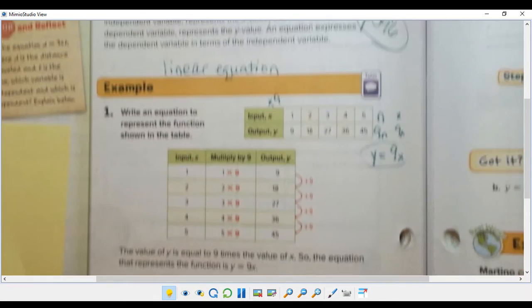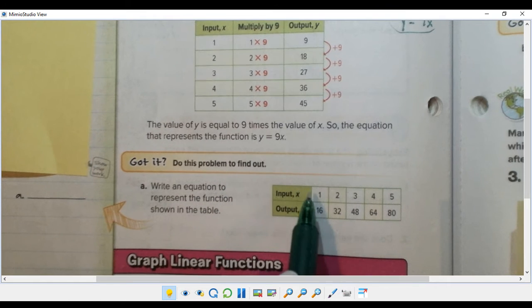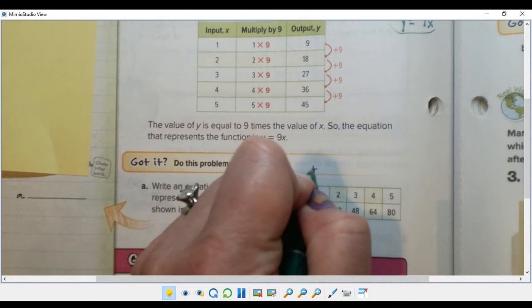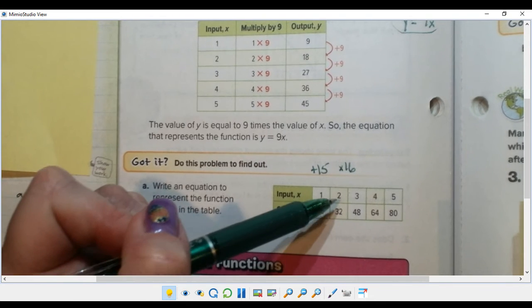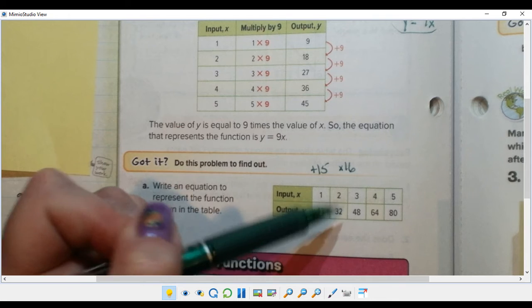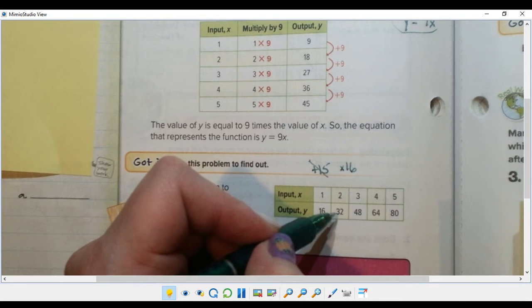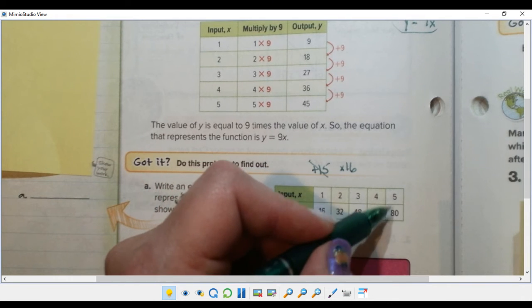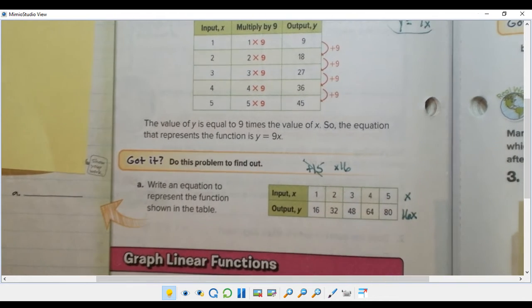Okay, let's go down to the got it and see if we can practice on that one. So here, how can I get from 1 to 16? Well, I could add 15, or I could multiply by 16. So let's see what works. If I do 2 plus 15, that's not going to work. If I do 2 times 16, that'll do it. 3 times 16, 4 times 16, 5 times 16, x times 16, right?